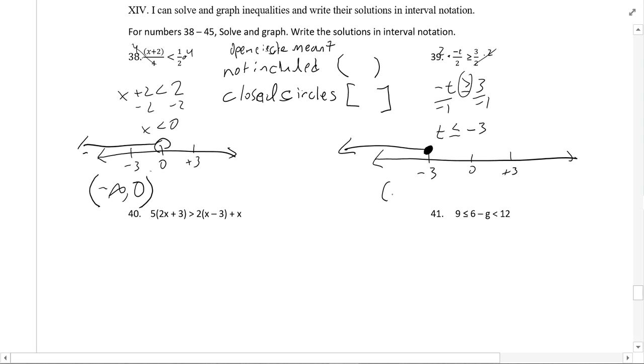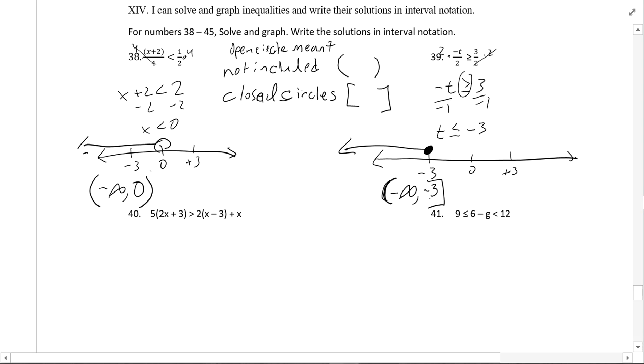And since negative infinity goes on forever, you can't capture or include it. It's a parenthesis. My interval stops here at negative 3. But this time it is included. It can be a solution. So if it is a solution, it is a bracket. So this one would be parenthesis, negative infinity to negative 3, including negative 3.